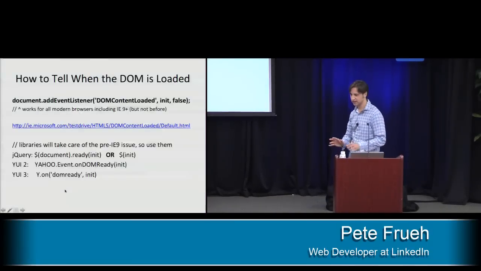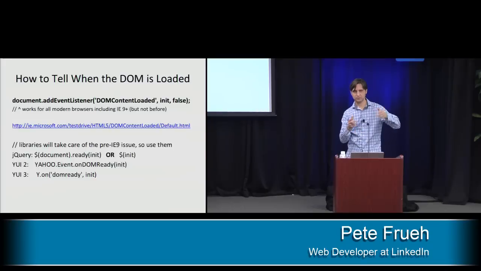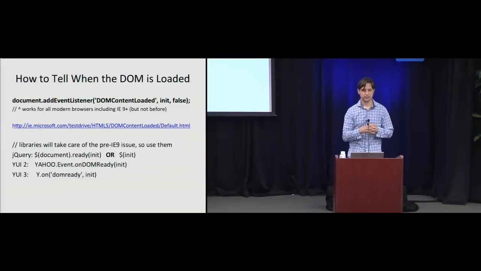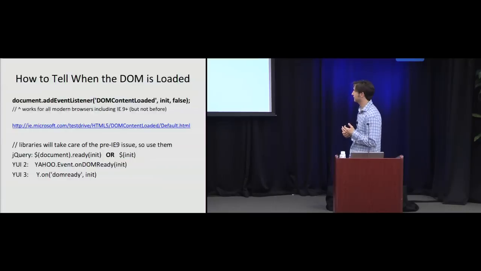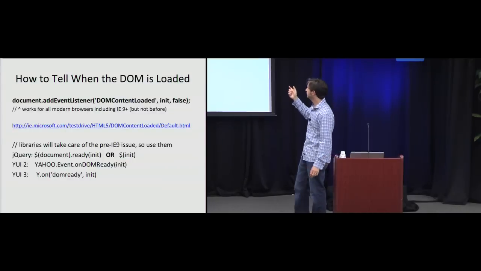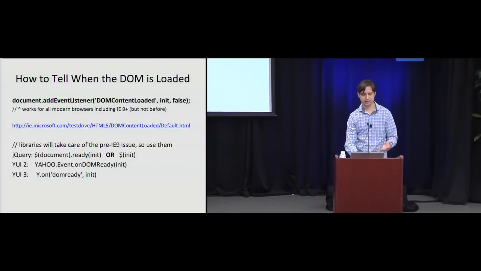Here's a side note about this too. We said we had a browser that loads in a document. Some of the objects are available instantaneously. The document, when you want to manipulate it, is not necessarily. We don't know, right? So we need to hook up an event to listen for when the document is ready. And there's a difference between the document being ready and the page being loaded. The difference would be things like images and other resources that are pointing there.